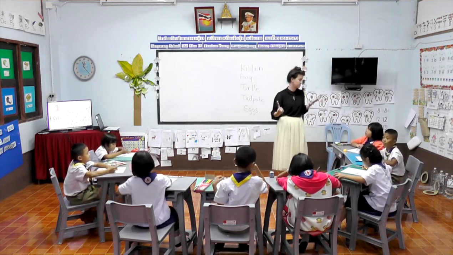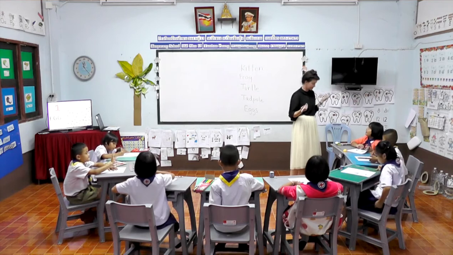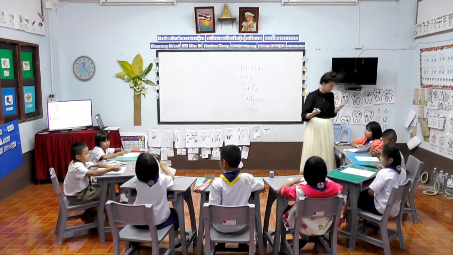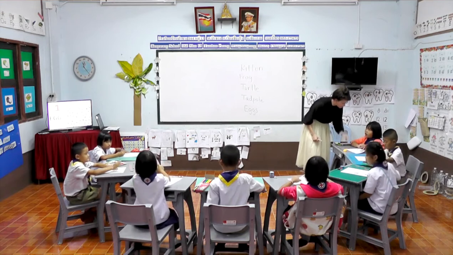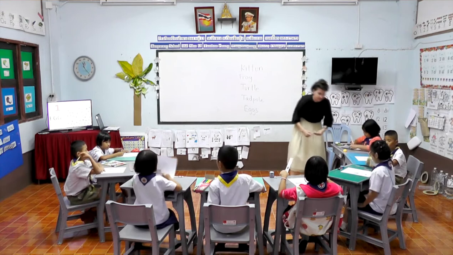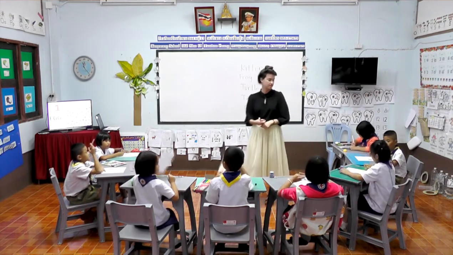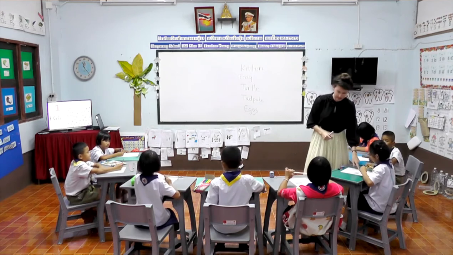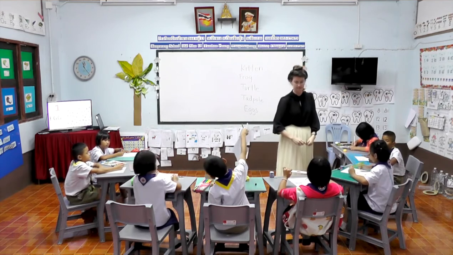Is that a kitten? That's a baby cat? No. Is that a turtle? No. So it's not a kitten. Yep, so you can write eggs right here. Yeah, just like that.